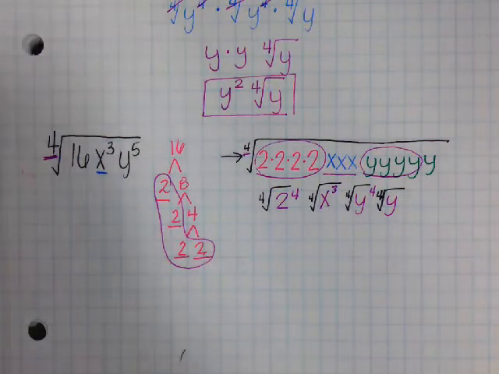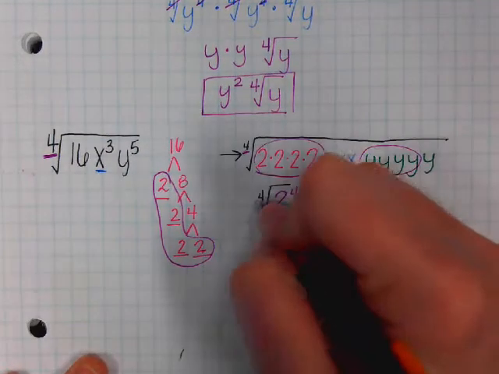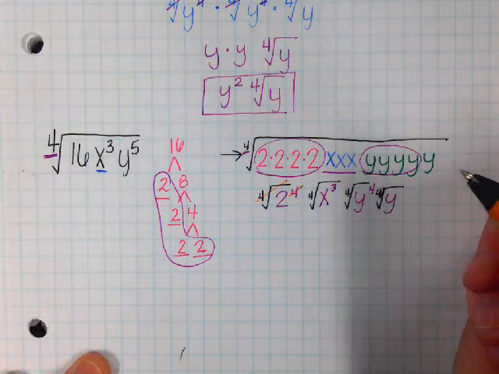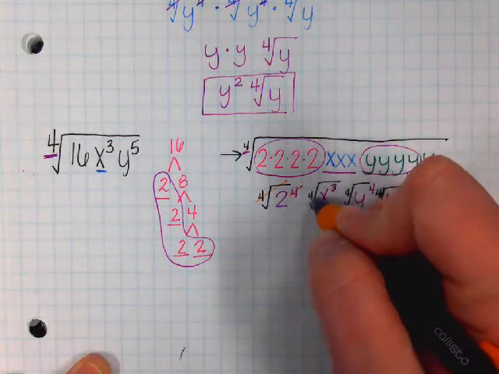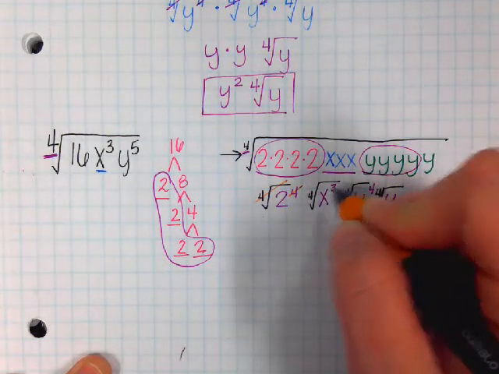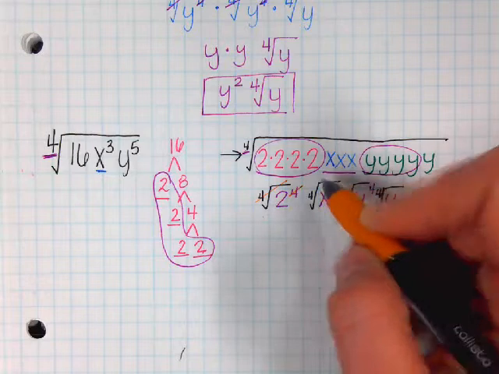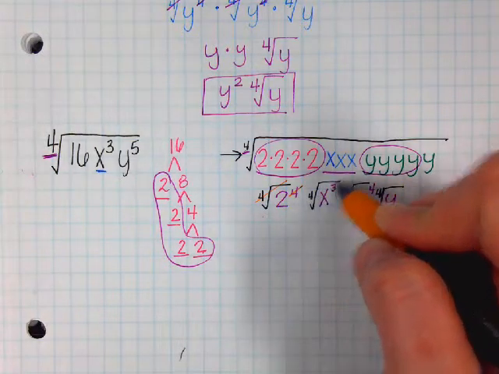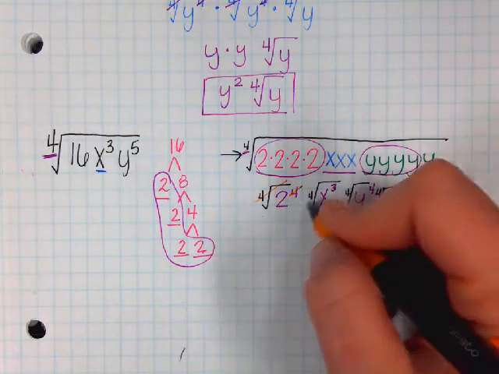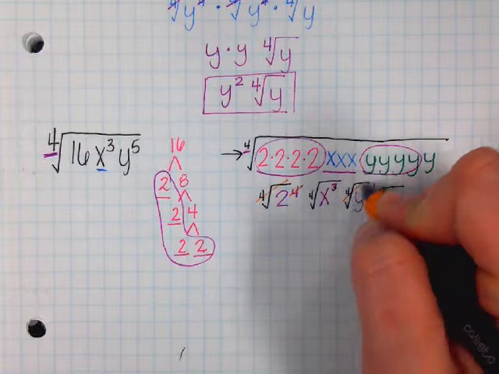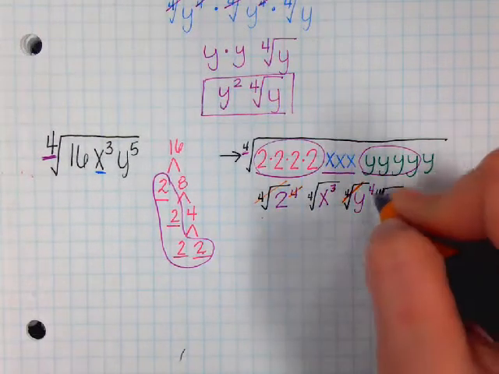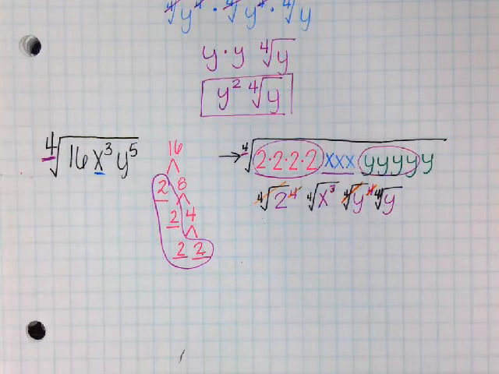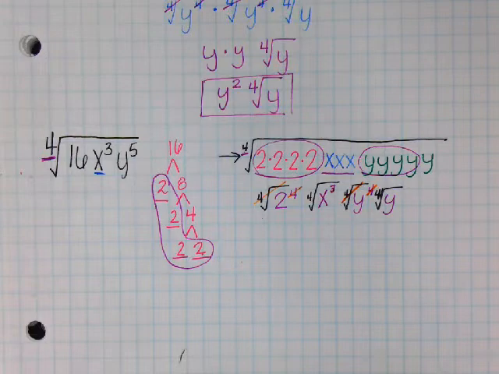Okay, you're looking for where they cancel, so I know that I can cancel a 4 and a 4 there, a fourth root and a 4. Notice this is a 4 and this is a 3. I cannot cancel. So you can only cancel a fourth root with a 4. So that one has to stay the same. This one is a fourth root and a 4.